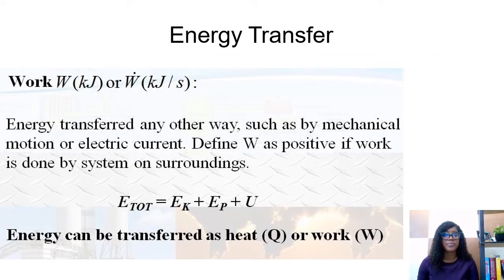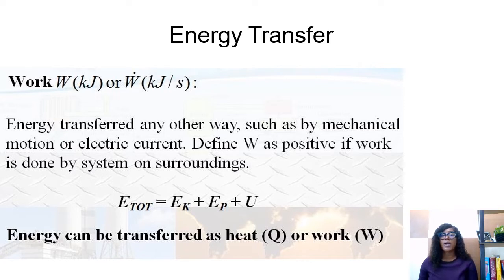Now work, our variable is defined as W, or we can also have W dot, where the unit is kilojoules per second. So work is the other way in which a system can have its energy, right? The energy is transferred by mechanical motion or an electric current.